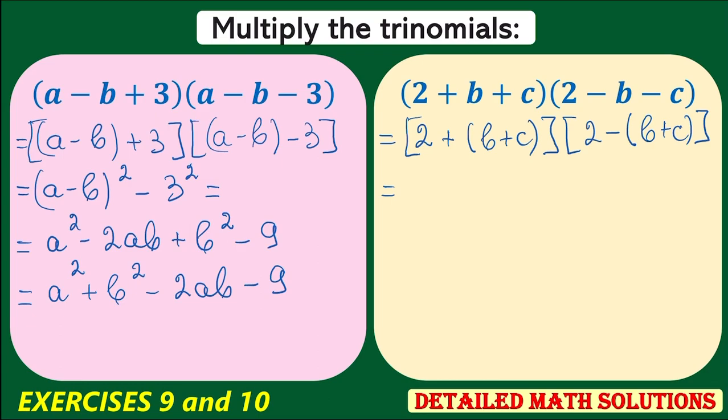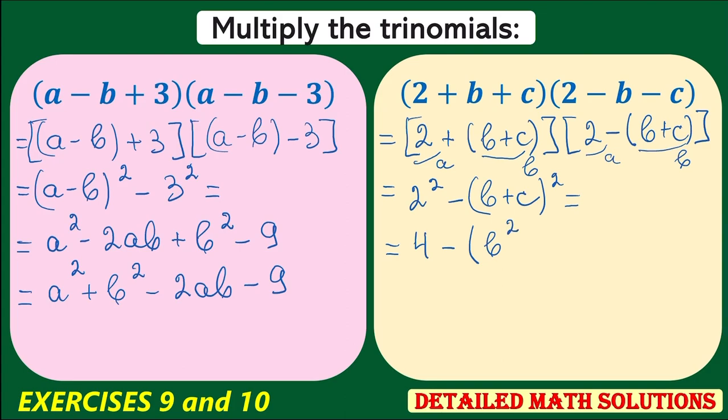Next, I'm going to apply the formula for sum and difference of the same terms, and the number 2 will correspond to the a in the formula, and b plus c will correspond to the b in the formula. And when I apply it, it equals 2 squared minus b plus c in parentheses squared, which simplifies to 4 minus b squared plus 2bc plus c squared.